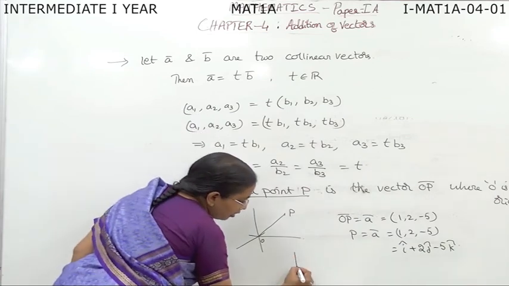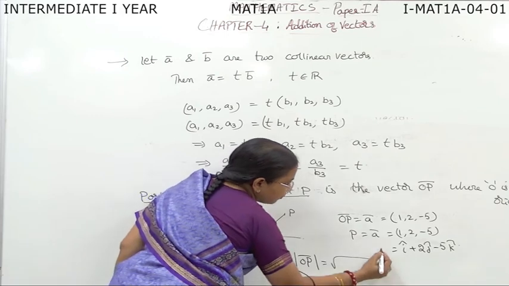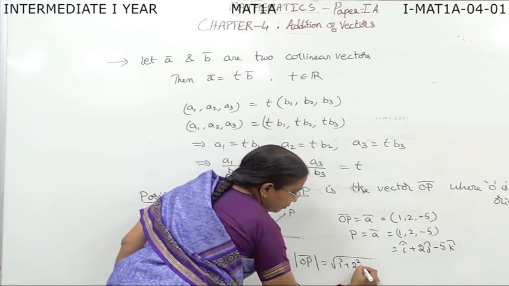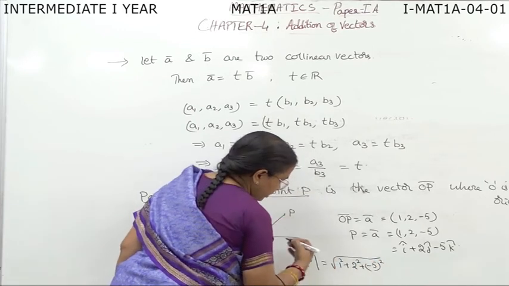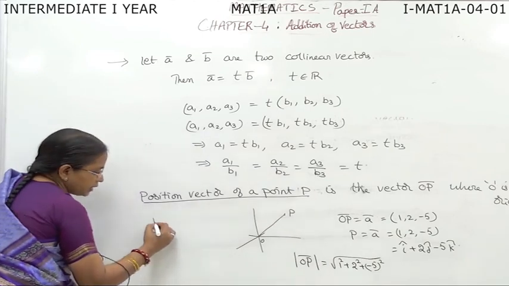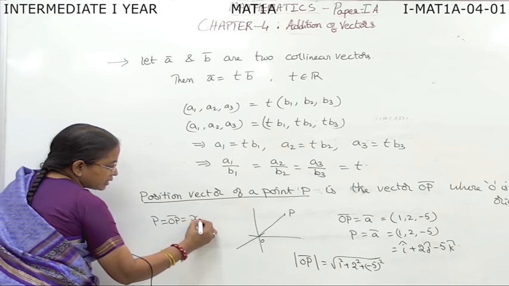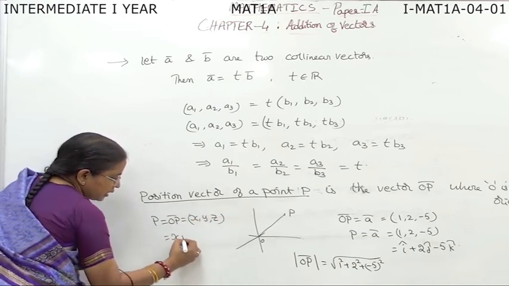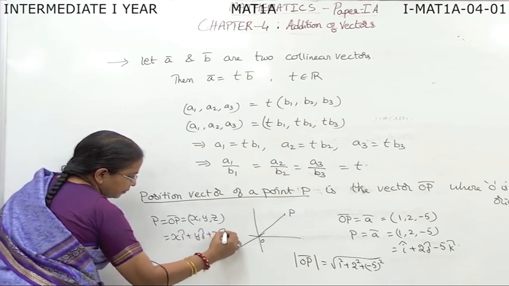And then mod of OP, the length of OP, is root of 1 square plus 2 square plus (-5) whole square. The length is given by this formula. Like suppose that P or OP is equal to (x, y, z). That means it is xI plus yJ plus zK.